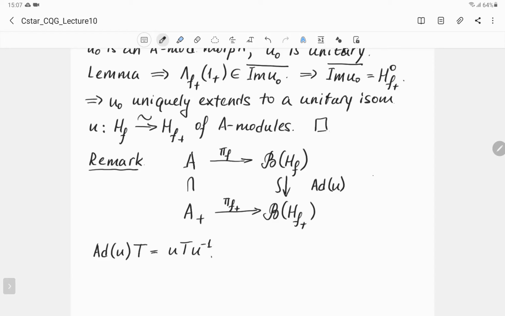So this is an isometric star isomorphism. And clearly this diagram is commutative. In fact, the commutativity of this diagram is equivalent to the fact that U is not just a unitary operator, but is also a unitary isomorphism of A modules. So the commutativity of this diagram means that U is an A module isomorphism. So it intertwines pi F with pi F plus. Okay.